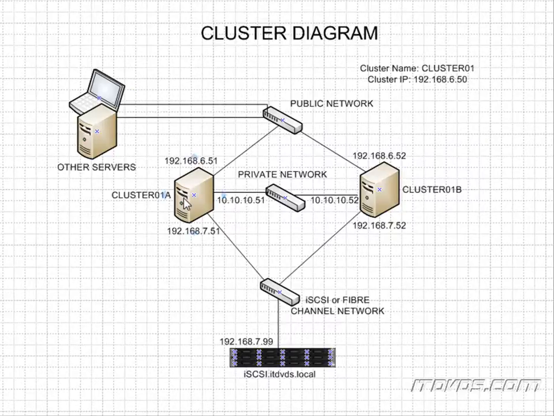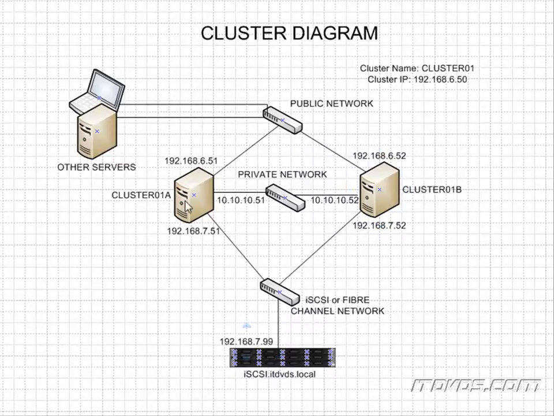Now let's say we fail over to cluster 01B. So cluster 01A becomes the passive node and cluster 01B becomes the active node. Automatically, without any intervention, any traffic now going to cluster 01, any share, will be routed to cluster 01B. So that's the advantage. And because each node has access to the shared storage, there's no data loss when that happens.